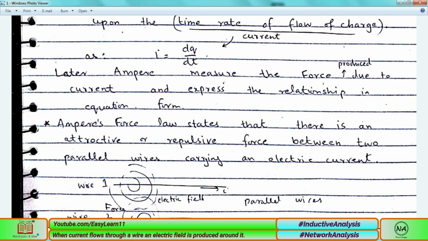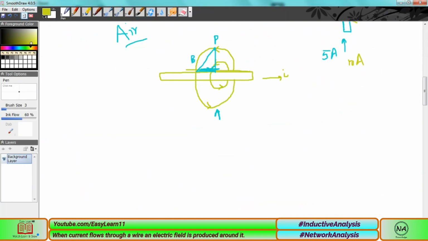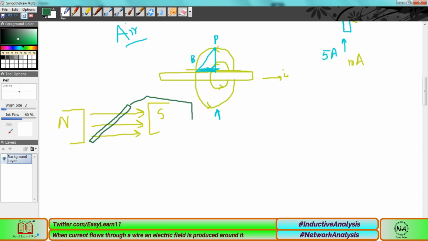Suppose you remember this phenomenon: here are two magnets, north and south, and there is a strong magnetic field between the north and south pole magnets. And if we say that this is our current carrying conductor, suppose current is provided through an external source, like with the help of a battery, and the current is now flowing.